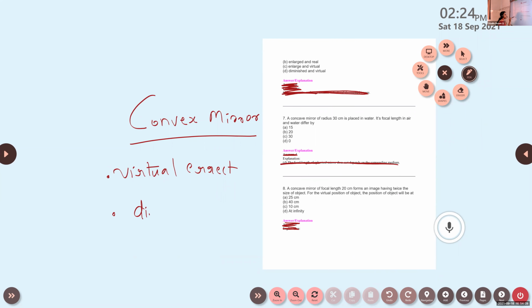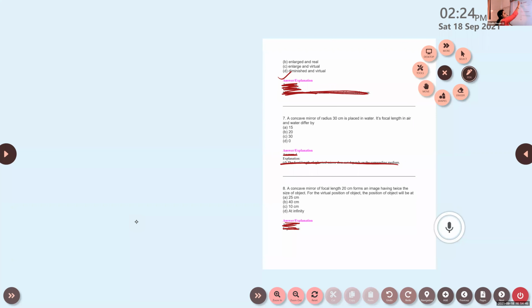So option D is right. Whenever you place an object before a convex mirror, you get an image which is diminished and virtual in nature. Good. Here you have the explanation: a convex mirror always forms a virtual and diminished image.